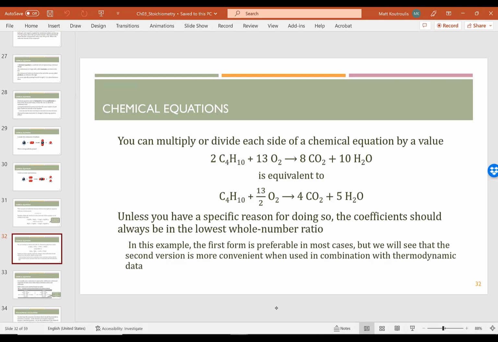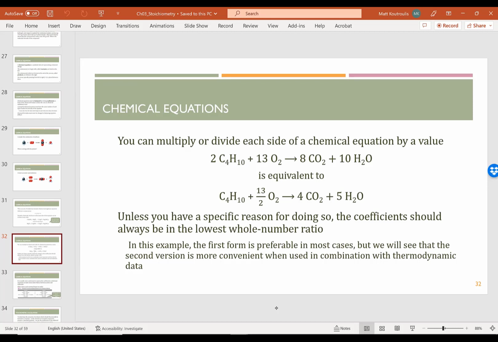So which of these would be easier if you're saying how much heat is given off per mole of butane, C4H10? The bottom form, right? Because the top form is for 2 moles, so you don't have to take into account the 2 being there.